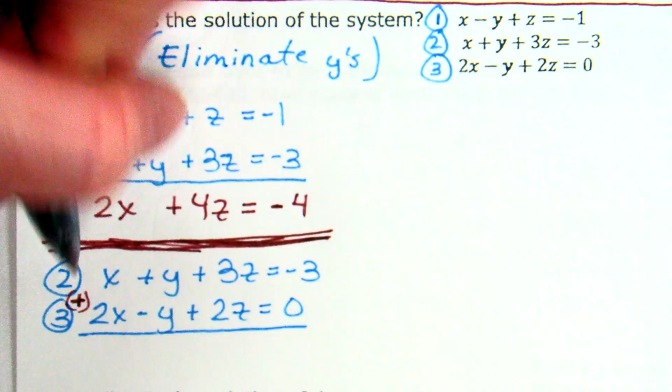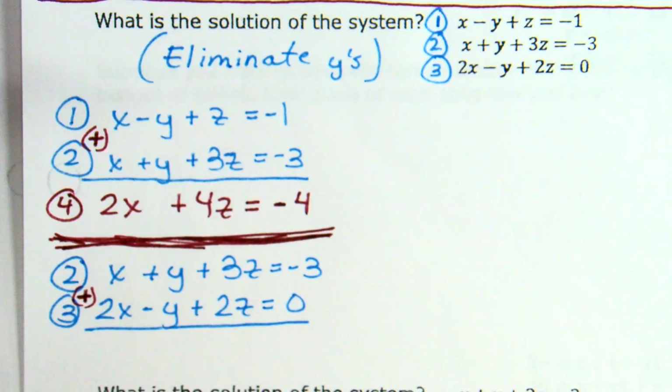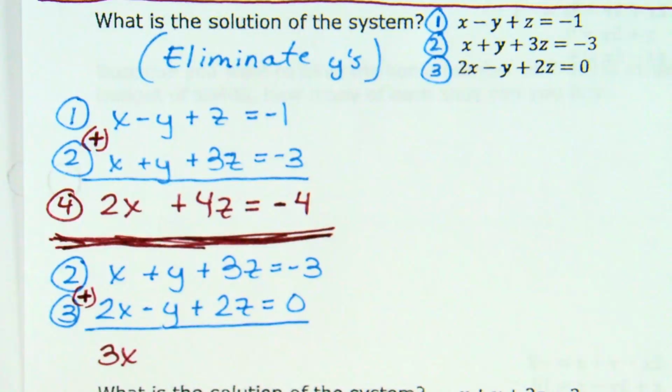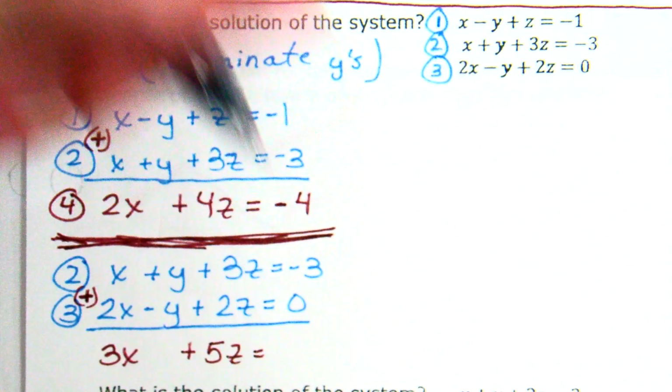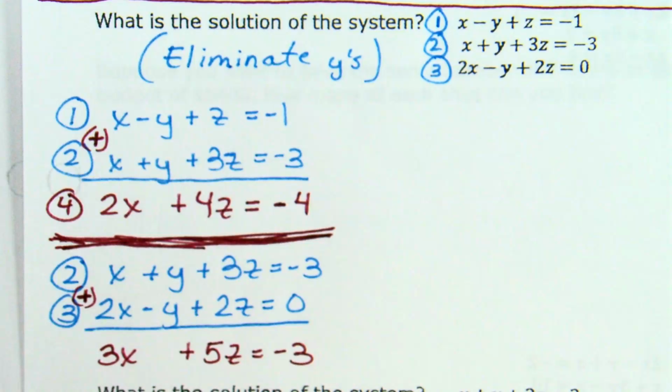So I'm going to add 1x plus 2x, three x. Y plus negative y cancels. 3z plus 2z, plus 5z. Negative 3 plus 0, negative 3. And I'm going to call this equation 5.